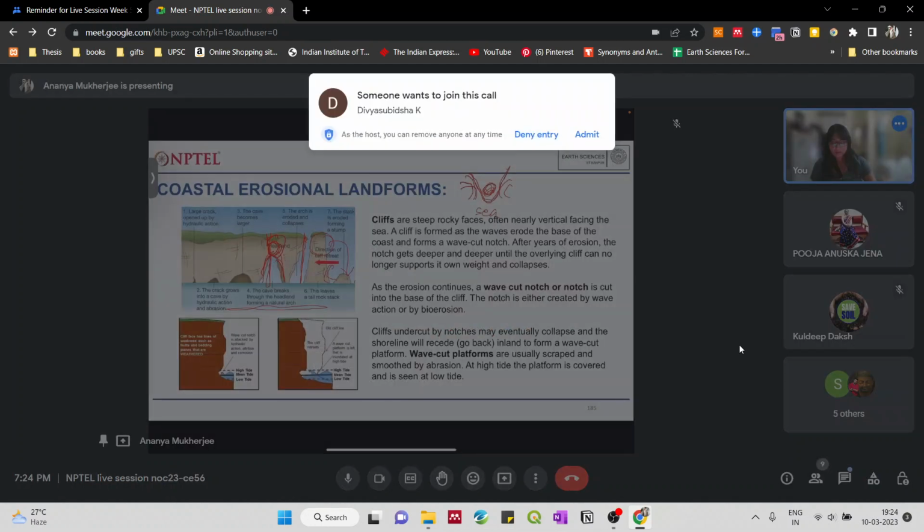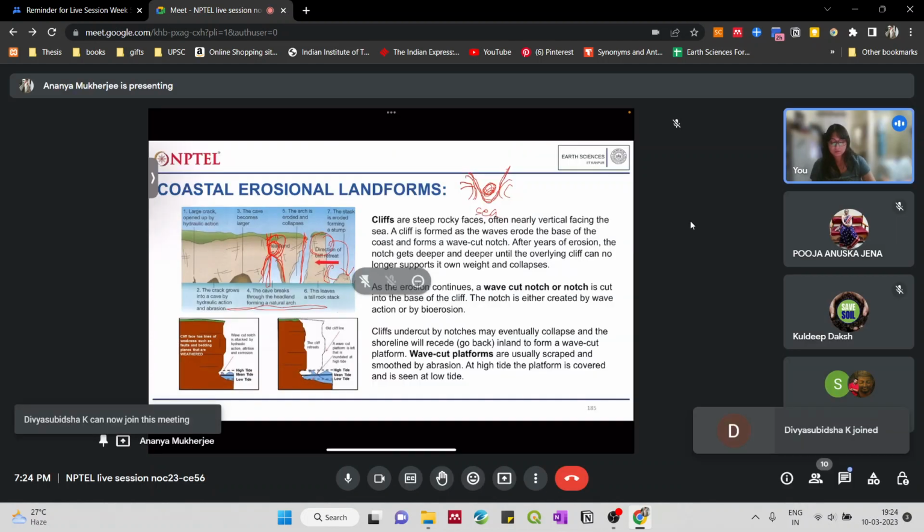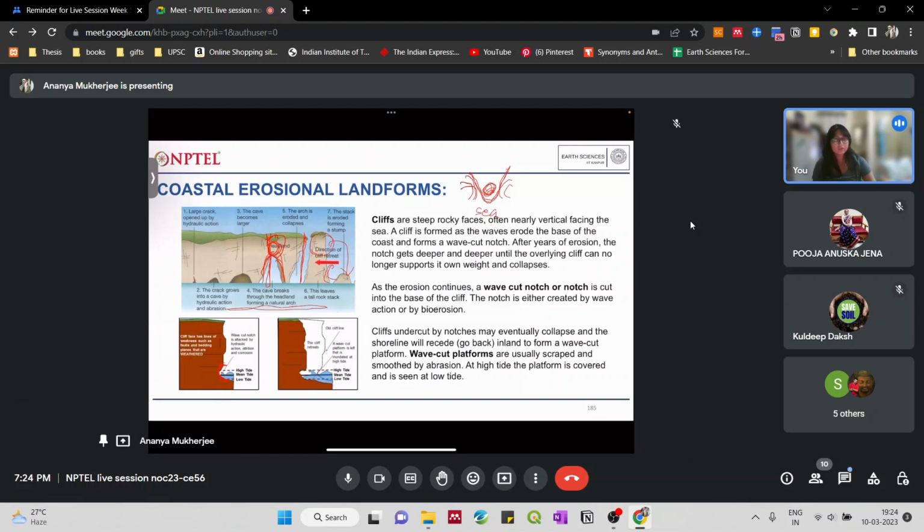This area is getting eroded because of the tidal action and the wave action. This is also called a wave cut notch. A notch is any small opening or crack that has developed.